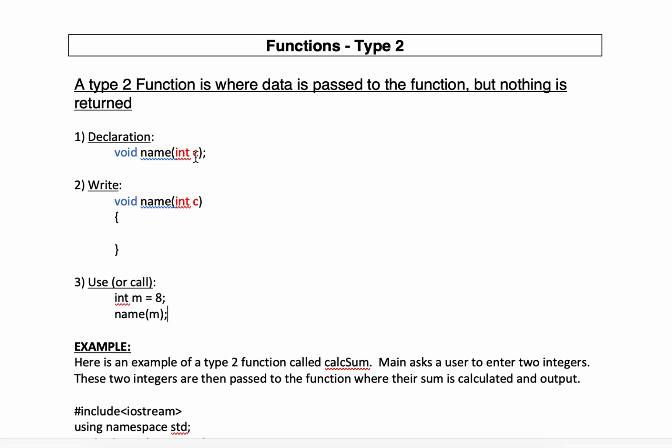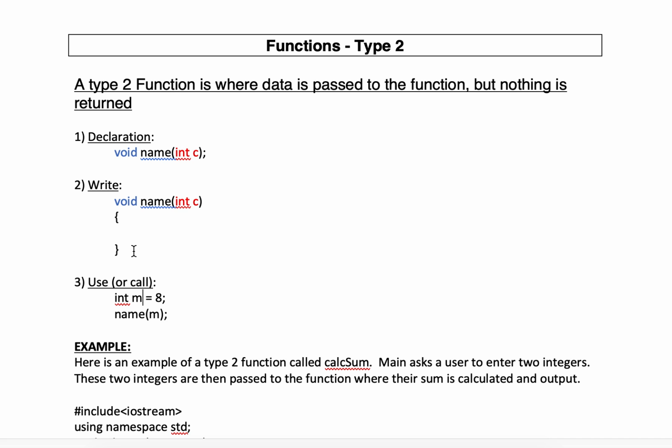Now remember, it doesn't have to be the same as this guy. This is not the same variable as this. You'll see what happens in the example. In other words, I didn't have to call this C just because I was sending it into something called C. I could, but it's not the same C anyway.